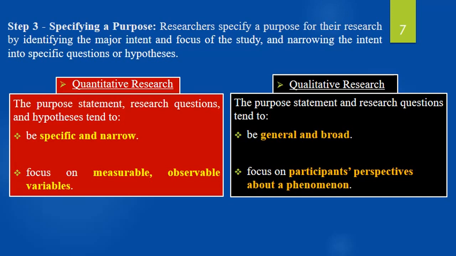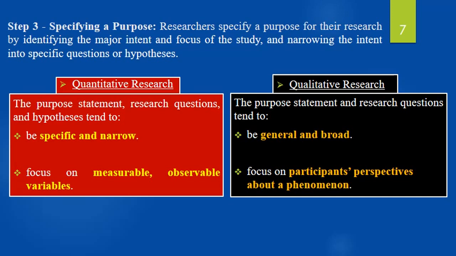The focus of a qualitative study is usually a single phenomenon of interest, as opposed to several variables in quantitative research. Researchers state this phenomenon and their intent to explore it in a purpose statement while conducting qualitative research.